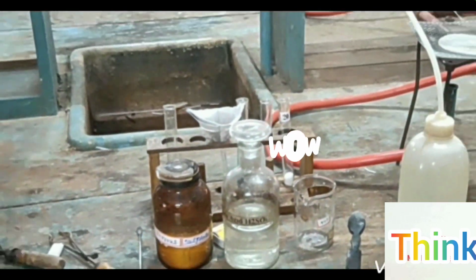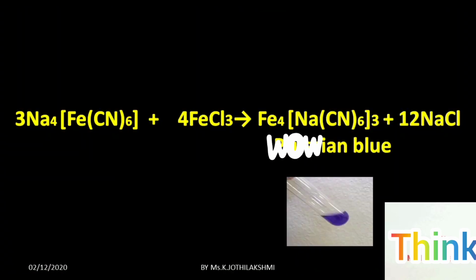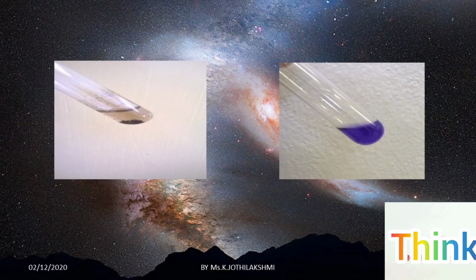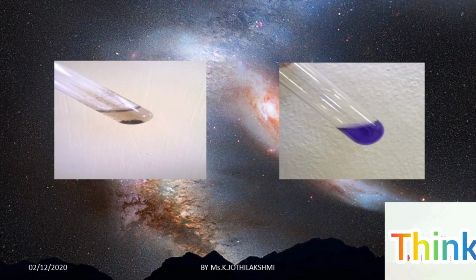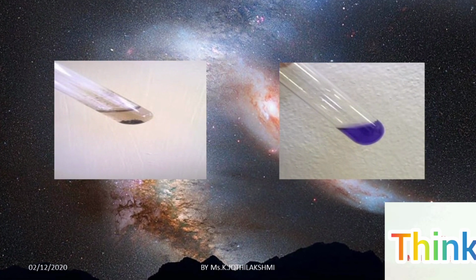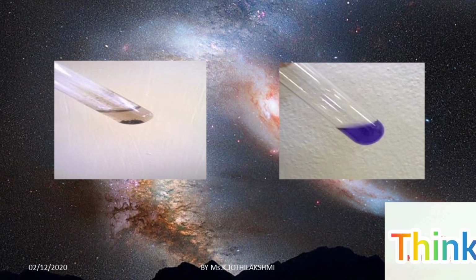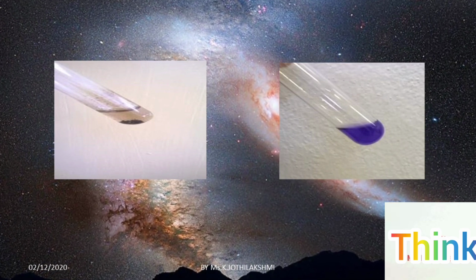The solution turns Prussian blue. We are actually acidifying the solution, right? When we acidify the solution, the color will change. It will turn Prussian blue, or in some cases it will be a green precipitate, which indicates the presence of nitrogen.